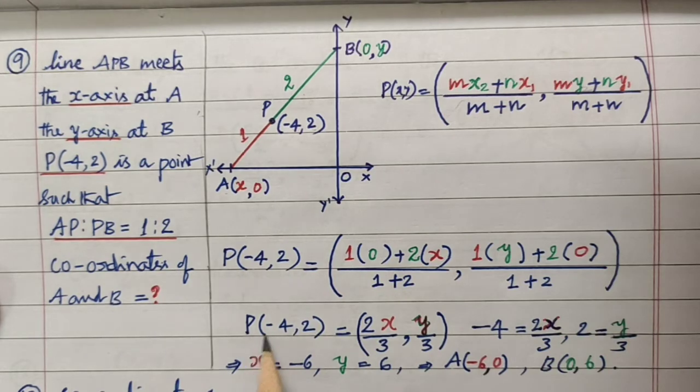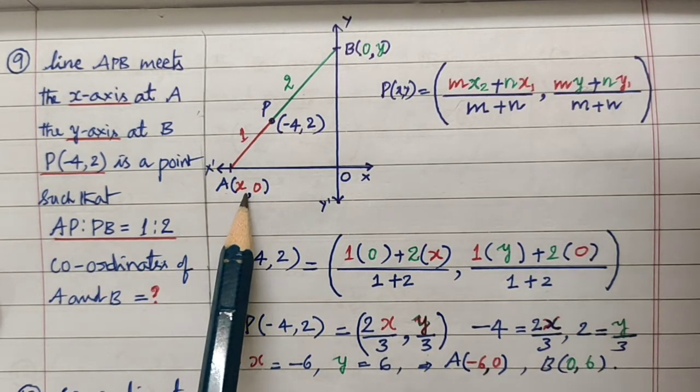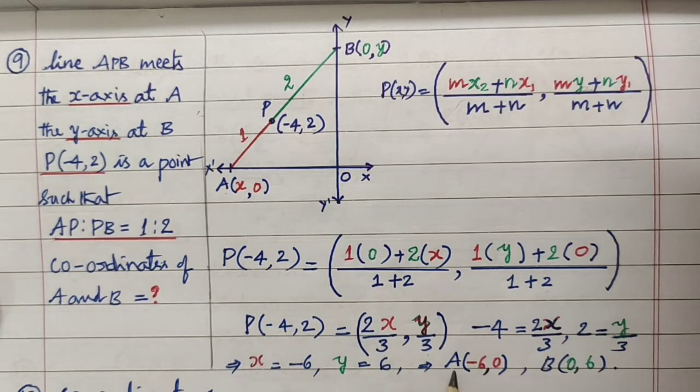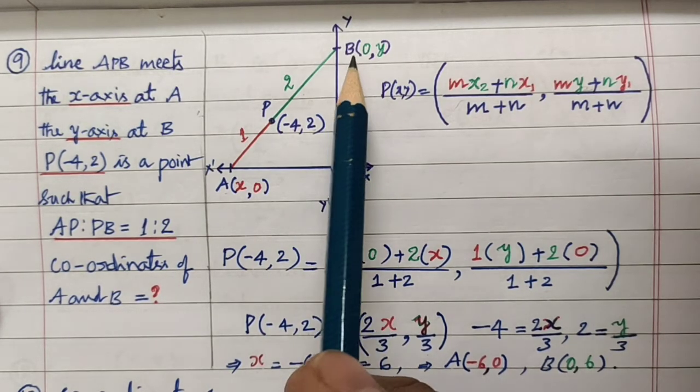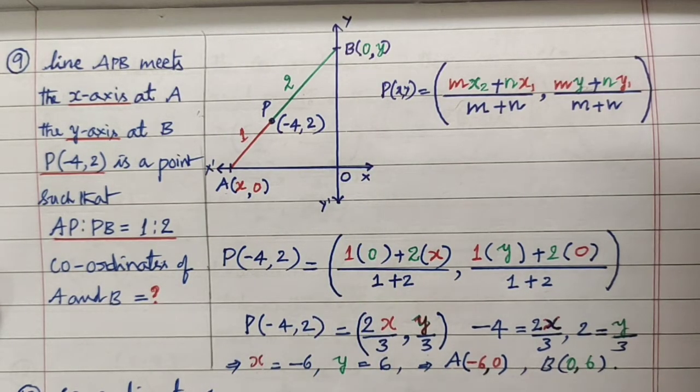Therefore P(-4, 2) is equal to (2x divided by 3, y divided by 3). So you can equate -4 with 2x by 3, and 2 with y by 3. We can find out the values of x and y as x is equal to -6 and y is equal to 6. Therefore the coordinates of A are (-6, 0). The coordinates of B are (0, 6).